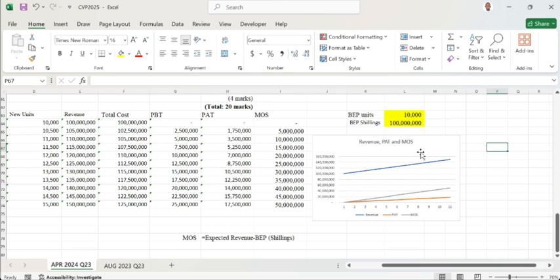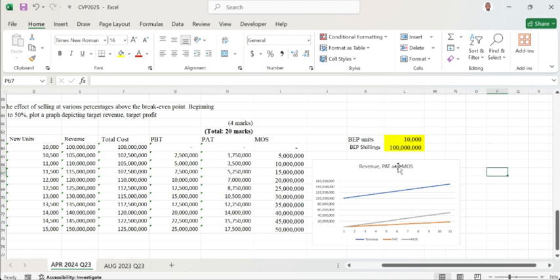So what I've said is the expected revenue minus the BEP in shillings. Umeelewa sasa? Yes. So hii ni constant. So that's why nimelock hii.